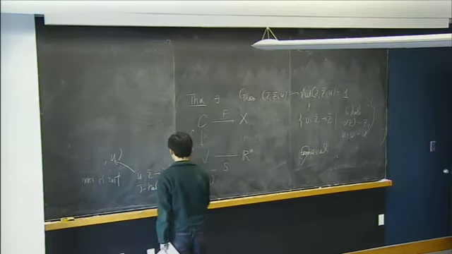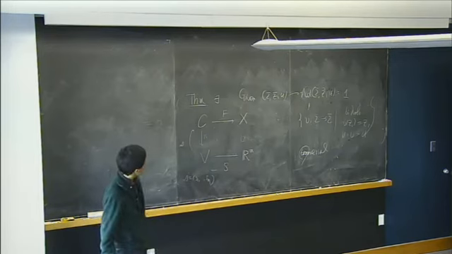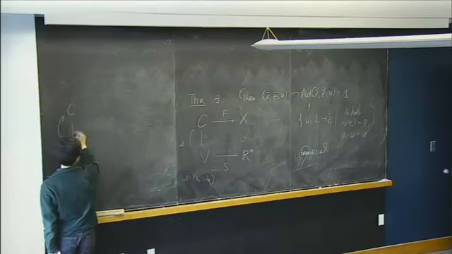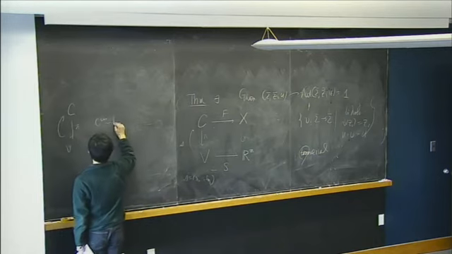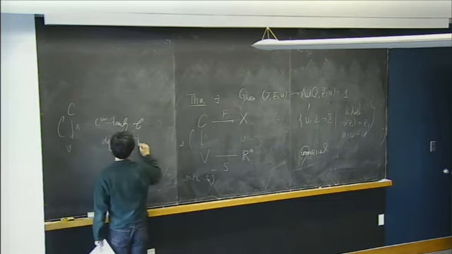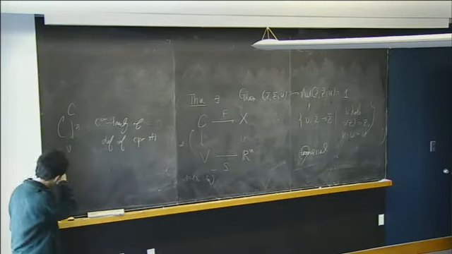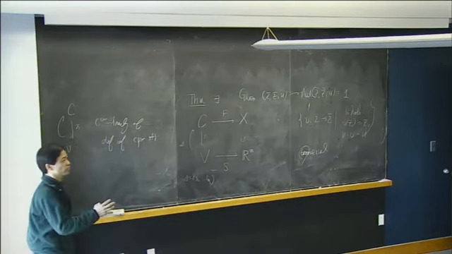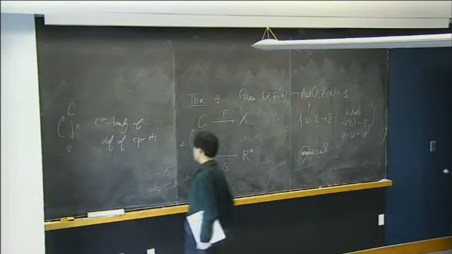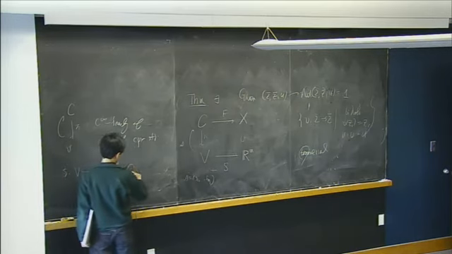If I remove X and R^M, it's exactly what I had before. The first thing I explain is that this is a C-infinity family of deformations of complex structure. This is not necessarily a universal family, but you have some C-infinity family of deformations of complex structure. And this S is a C-infinity map.